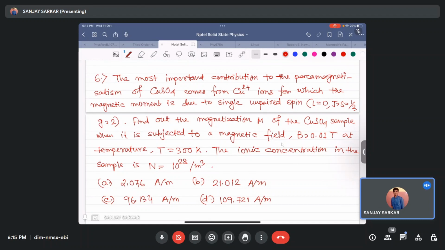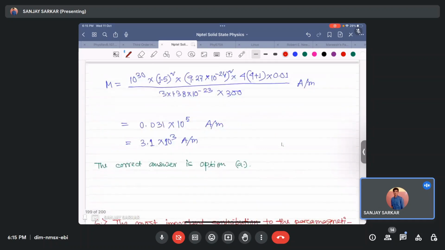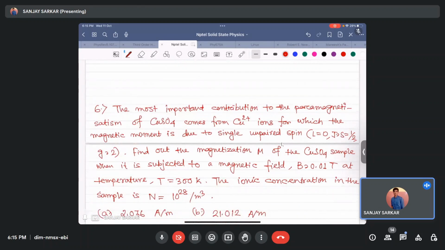So using this information, please calculate the answer for this question. The formula is written in the previous question, so using that formula please calculate this.